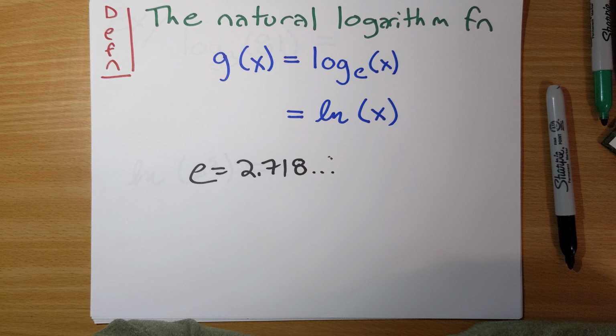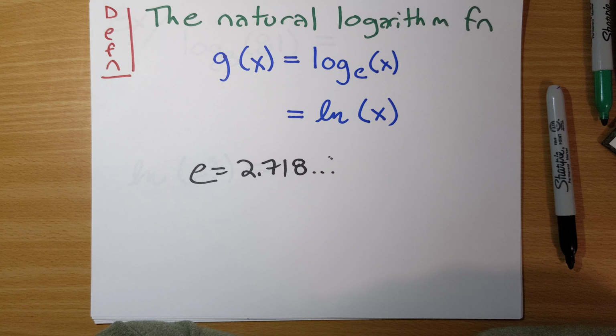So e was 2.718... as before, with all of the properties that we discussed in that video. So just as e to the x will be our most important exponential function, the natural log of x will be our most important logarithm function.